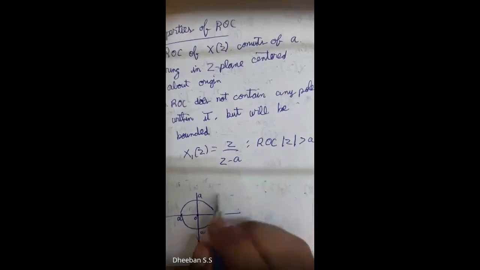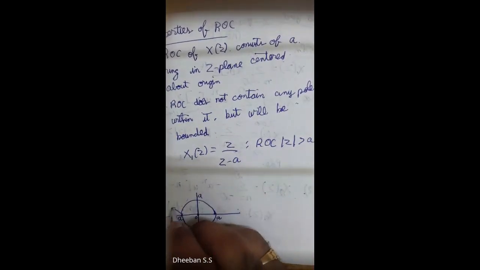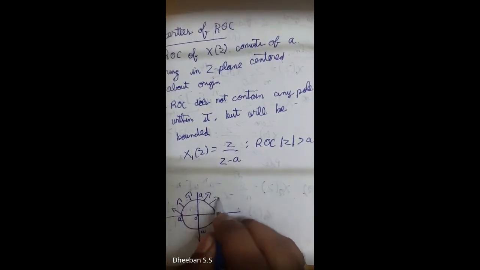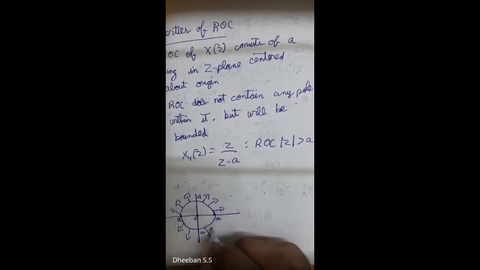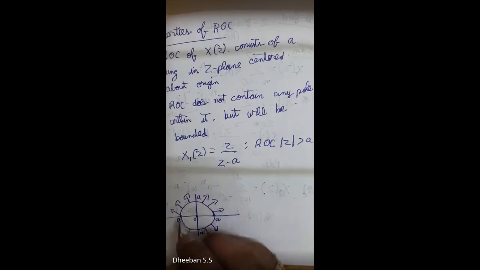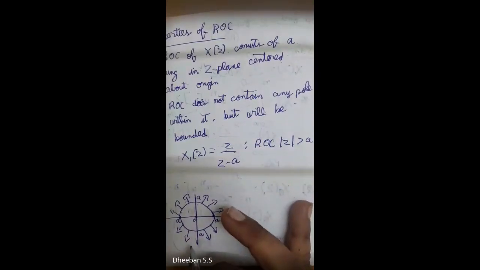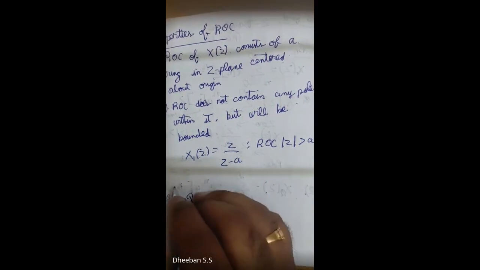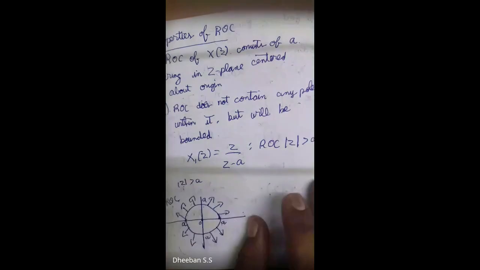Greater than a means above this value, so except inside this region, all the other regions are your ROC.